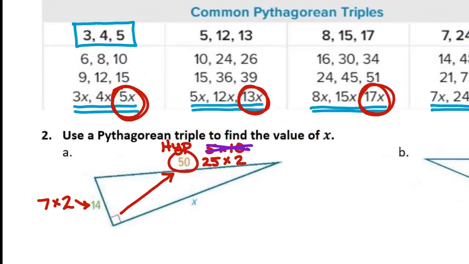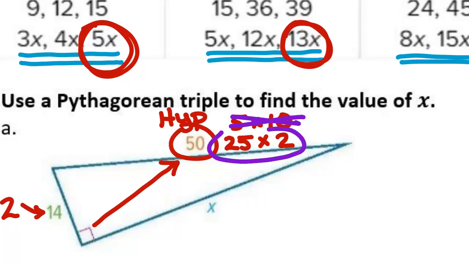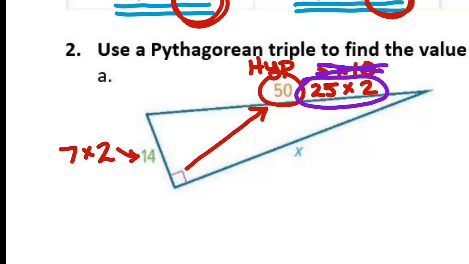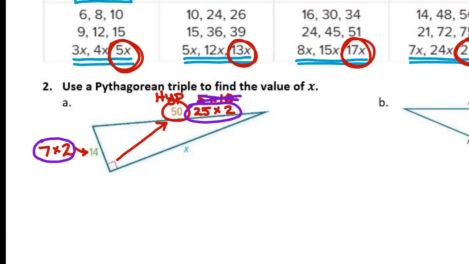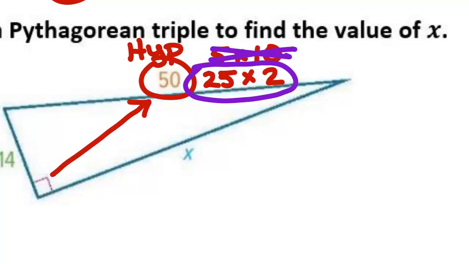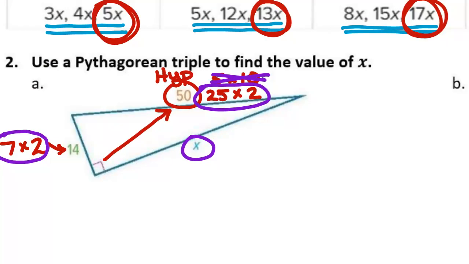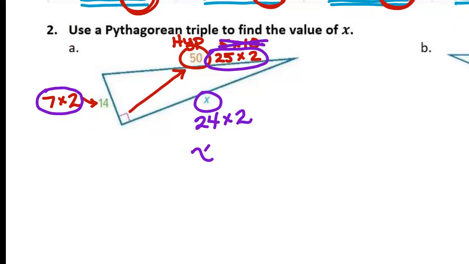It's 25 times 2 right here. And 7 times 2. This is a 7, 24, 25. So this side x over here would have to be 24 times 2. Well, what is 24 times 2? 48. So x equals 48.